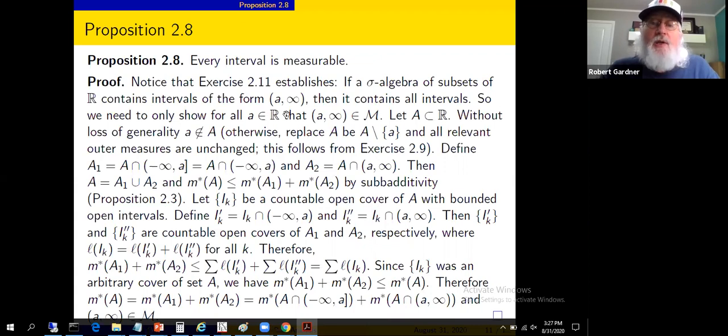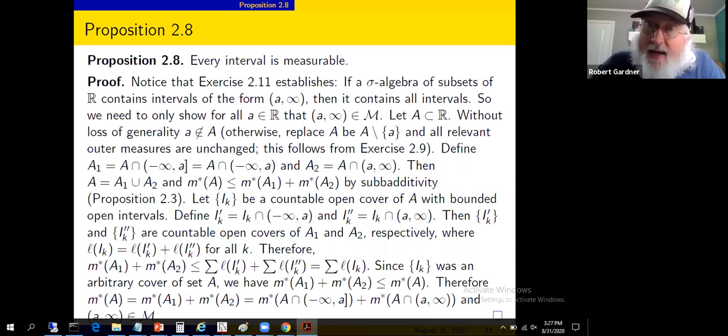That is, all intervals of the form a to infinity are measurable by exercise 2.11. Since we're in a sigma algebra, all intervals then are in that sigma algebra. That is, all intervals are measurable. We bounce back and forth in how we've dealt with this algebra, sigma algebra stuff.